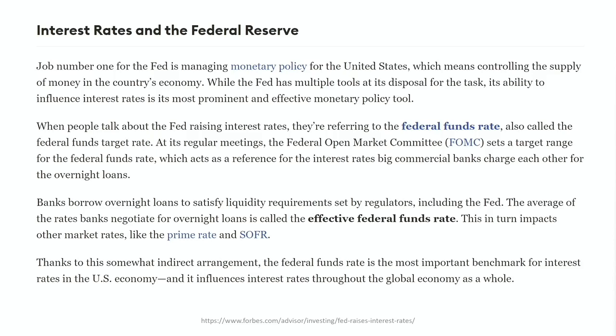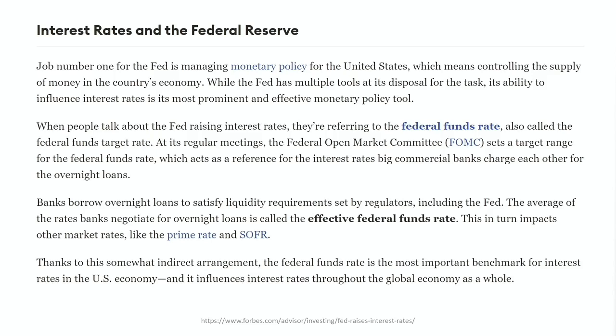Could be LIBOR. There's all kinds of different bank rates. Ultimately, those rates affect credit card rates and mortgage rates and things that actually apply to normal people like us. Thanks to this somewhat indirect arrangement, the Fed funds rate is the most important benchmark for interest rates in the U.S. economy, and influences interest rates throughout the global economy as a whole.